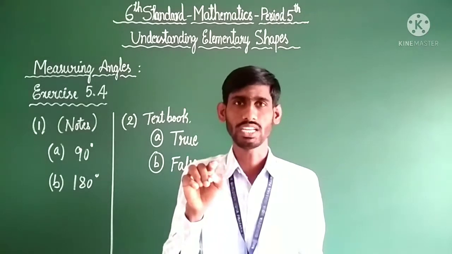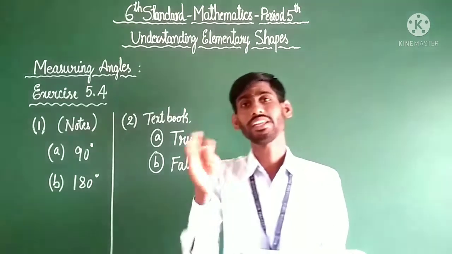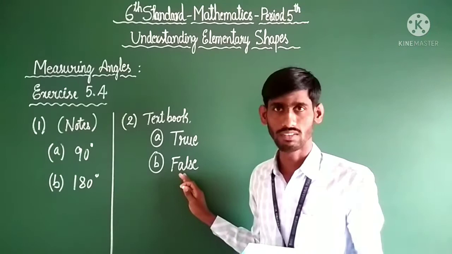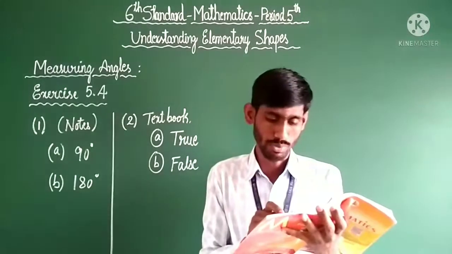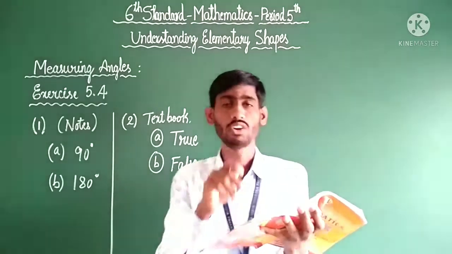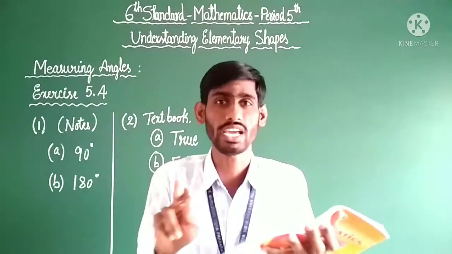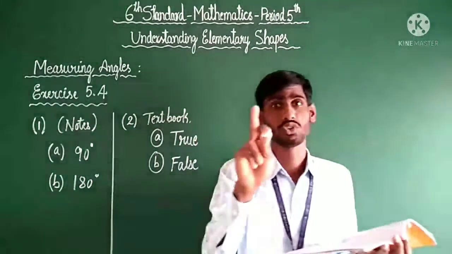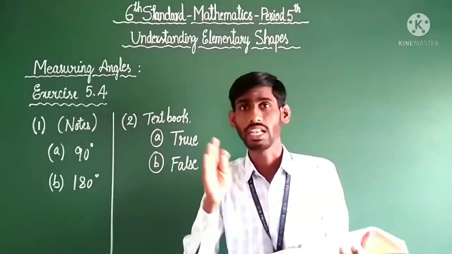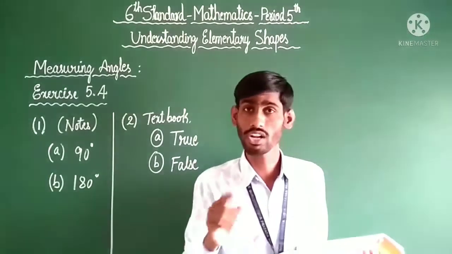Exactly equal to 90 degree, that is a right angle. Greater than 90 degree, less than straight angle, we call an obtuse angle. But according to the statement, they have given less than 90 degrees, which is not an obtuse angle. You should know the measurement of obtuse angle. Greater than 90 degree, less than straight angle, I mean less than 180 degree, is called obtuse angle.